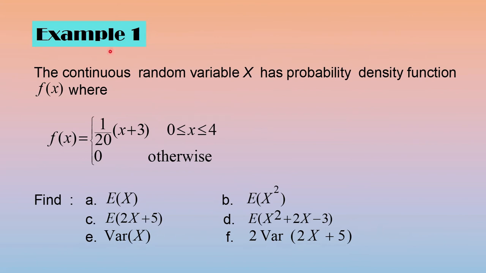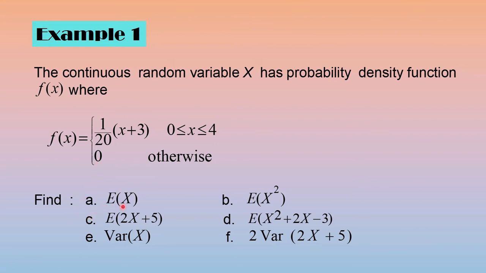Okay, let's continue with example 1. The continuous random variable X has probability density function f(x), where f(x) is equal to (x plus 3) over 20 for x more than or equal to 0 and less than or equal to 4. Otherwise, the function is 0.